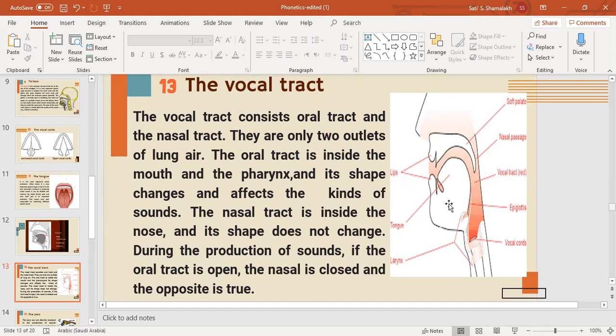You have the mouth, which is called the oral cavity, and you have two white pieces. One is the oral cavity, and the upper one is the nasal cavity. These parts are what we call the vocal tract.